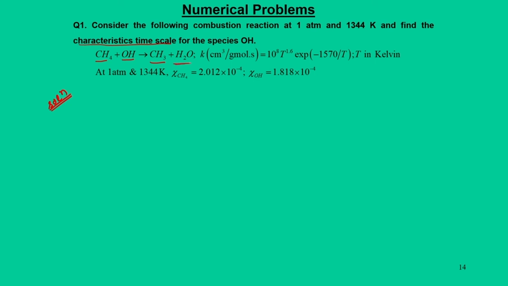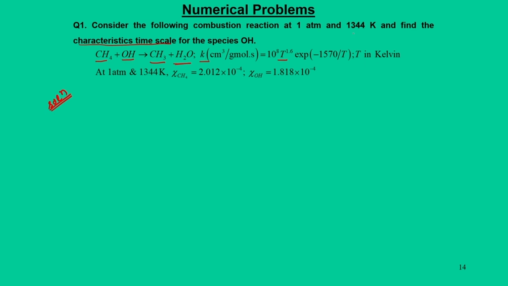This is one particular elementary, or you can say chain initiation or chain branching reaction, for which the rate coefficients are defined in terms of centimeter cube per gram mole per second, and it is a function of temperature: 10 to the power 8 into T to the power 1.6 exponential minus 1570 by T.